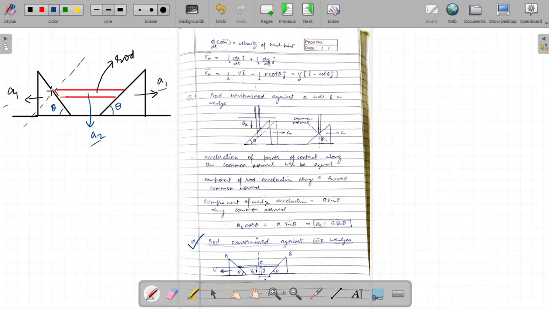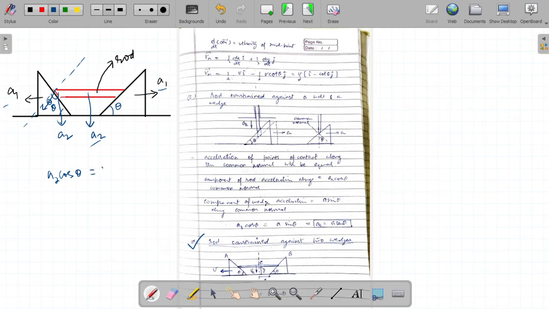So the acceleration of the rod along this direction: the rod is going down with an acceleration a2, this point would also be going down, and that component along the common normal would be a2 cos theta. This angle is theta, so the component of acceleration in this direction would be a2 cos theta.